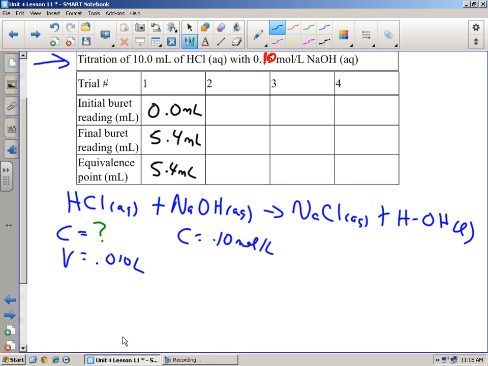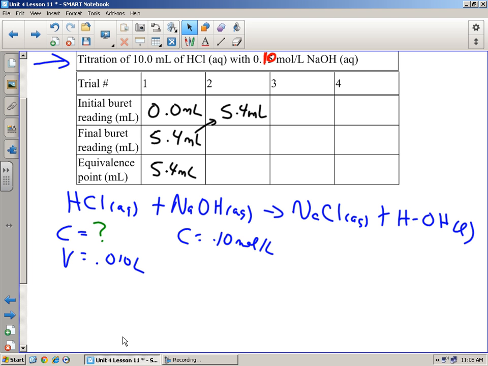So, are we going to fill it back up to 0? No, we have this whole tube here. So now I'm just going to start the next trial at 5.4, because that's where it's left off.